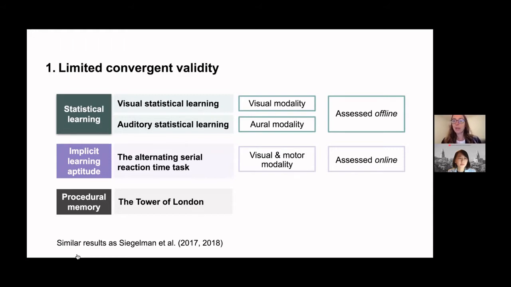Nonetheless, we did not find performance on the two measures to relate. Finally, the Tower of London did not relate to the other measures in our test battery either, and this finding coincided with the one reported by Buffington and Morgan-Short, also here at the symposium.